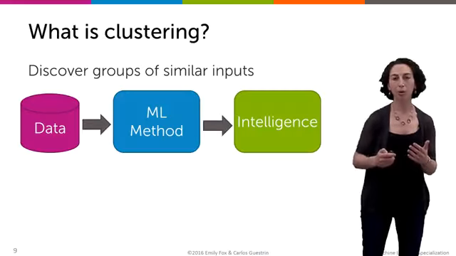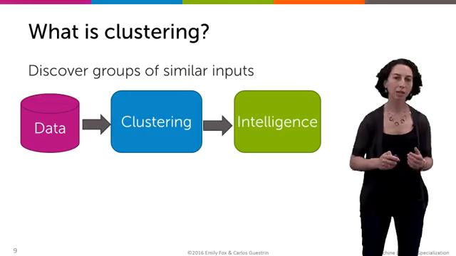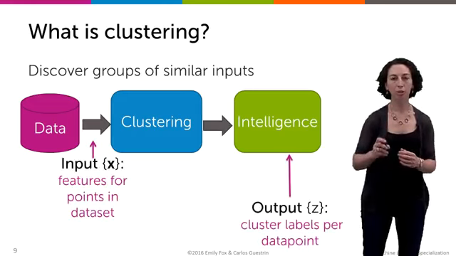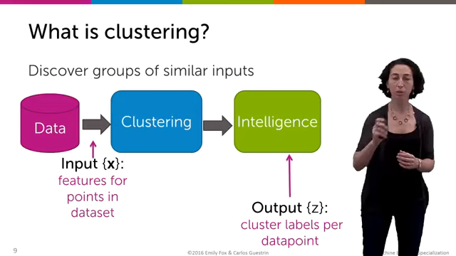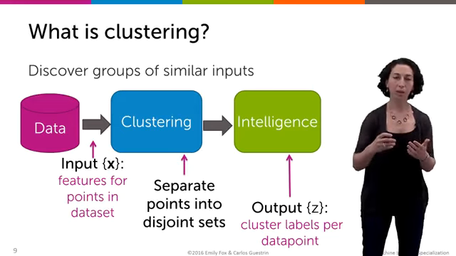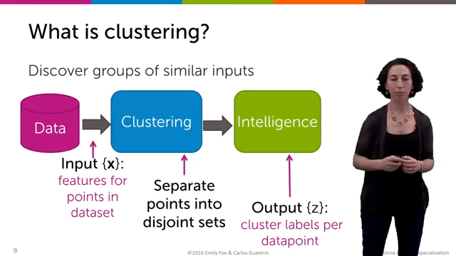Then, in the second part of the course, we're going to turn to clustering as our machine learning method. And here, our inputs are features associated with each of our data points within a data set. And the outputs are going to be cluster labels associated with each of these data points, where the goal of the clustering method is to discover these disjoint sets of data points.